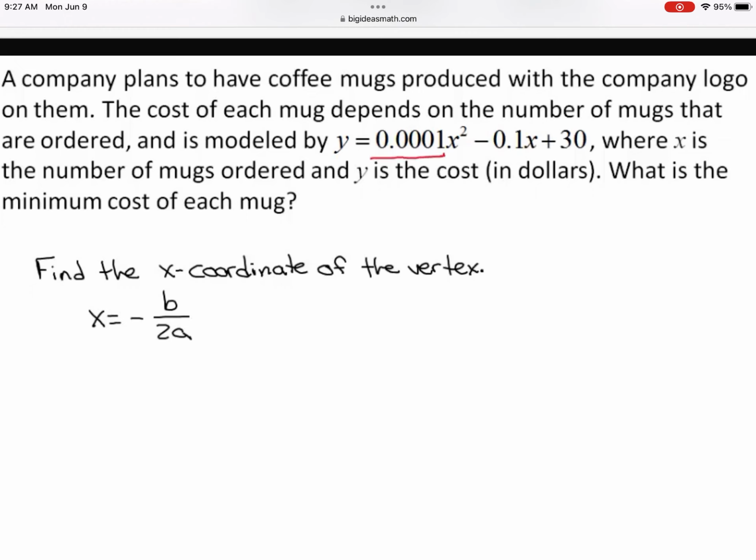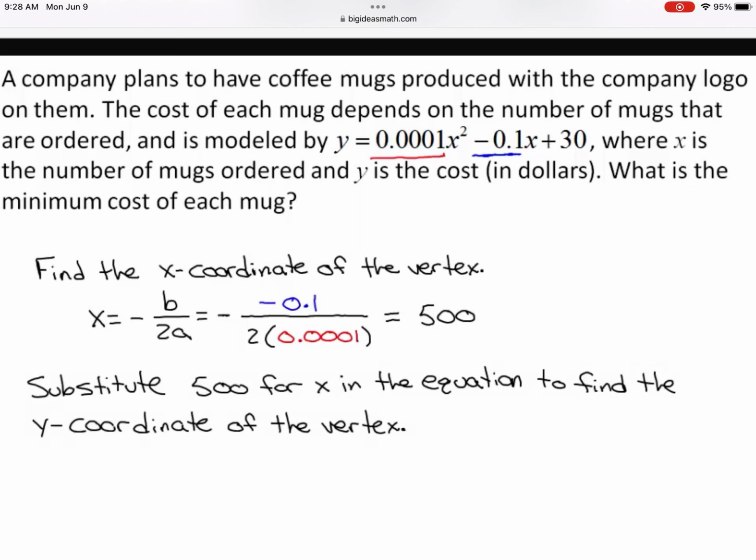Notice that a equals 1/10,000th and b equals negative 1/10. Substituting 1/10,000th for a and negative 1/10 for b gives x equals the negative of negative 1/10 divided by the quantity 2 times 1/10,000th, which equals 500. Then substitute 500 for x in the equation to find the y-coordinate of the vertex. First write the equation.